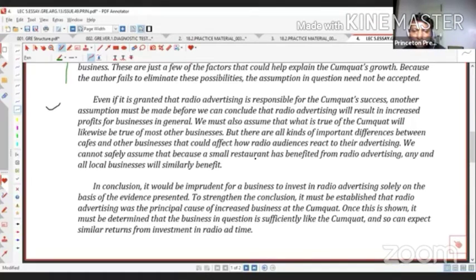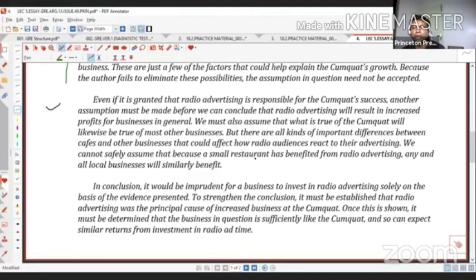But there are all kinds of important differences between cafes and other businesses that could affect how radio audiences react to their advertisement. We cannot safely assume that because a small restaurant has benefited from radio advertisement, any and all local businesses will benefit similarly. You get my point?